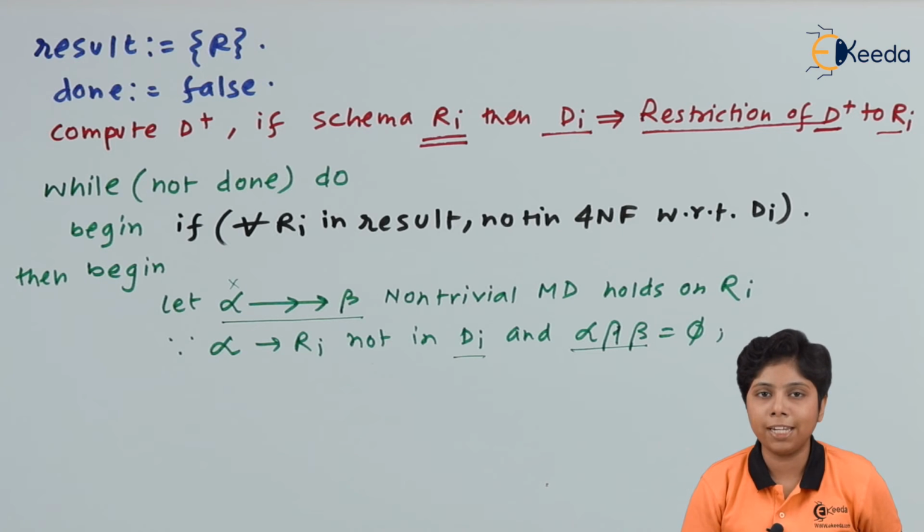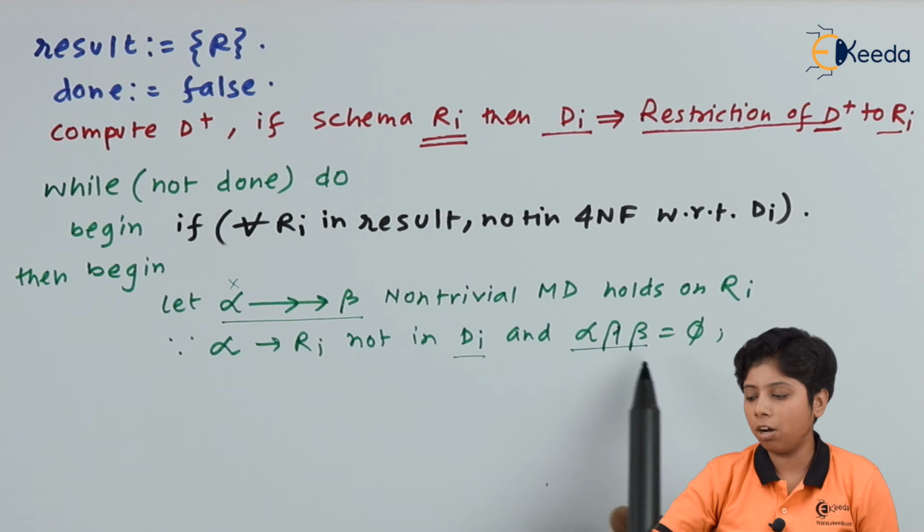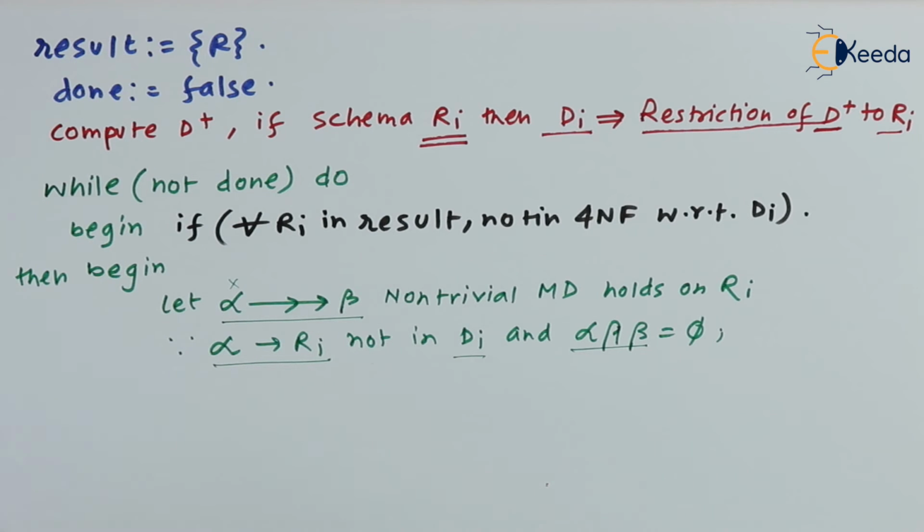If it is the defining key, then it should be represented by alpha, and if it is the dependent key, it should be represented by beta. No part can be a defining key part as well as a dependent key part. So this restriction, along with alpha not defining Ri.